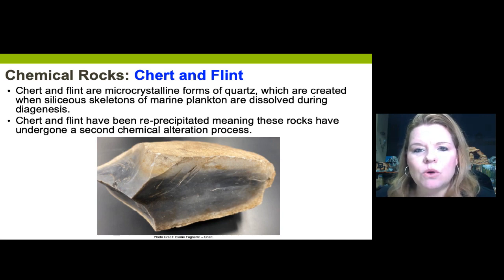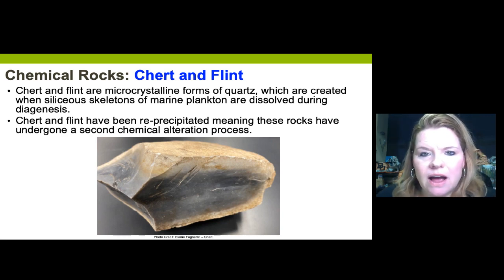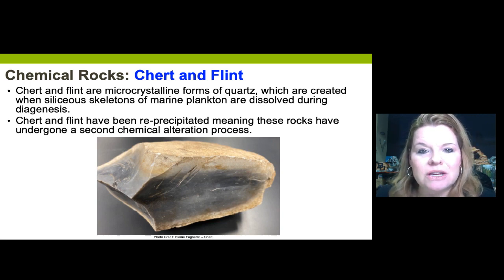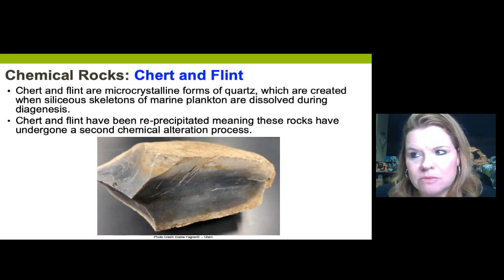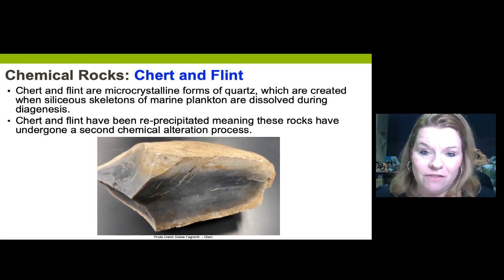Flint tends to be more characteristic of marl-based materials that are carbonate. So just as an FYI, color is not the determining factor. It is actually what makes up the dead animal that is accumulating and reprecipitates to make the difference between chert and flint. For all practical purposes, I am totally fine with you interchangeably using chert and flint as the same meaning.